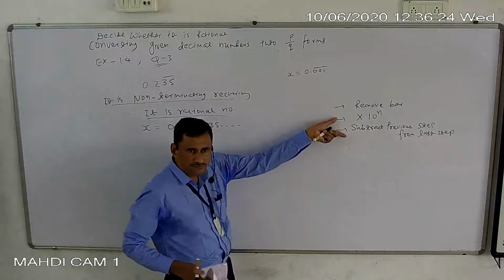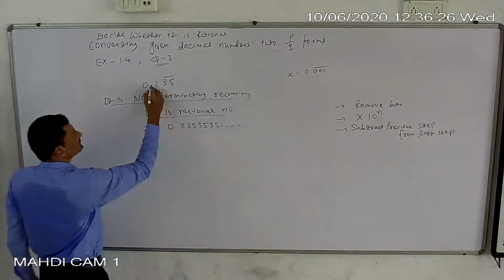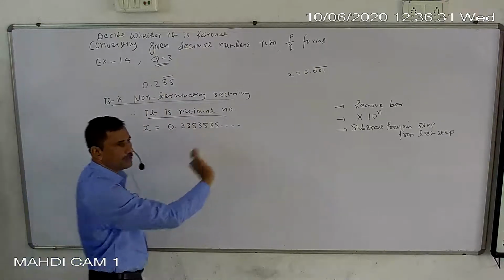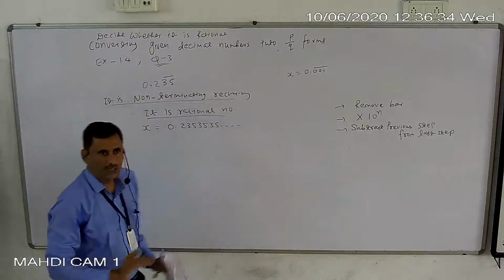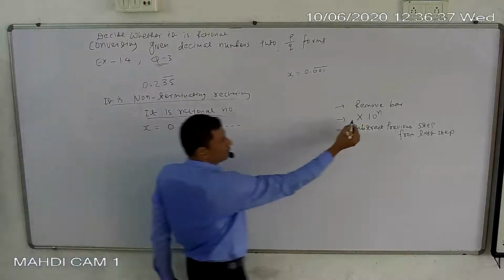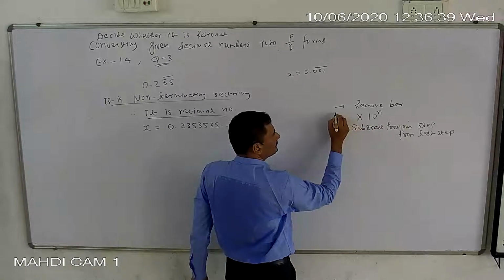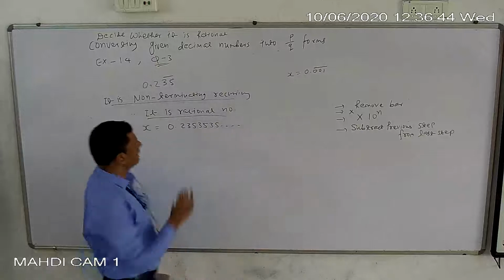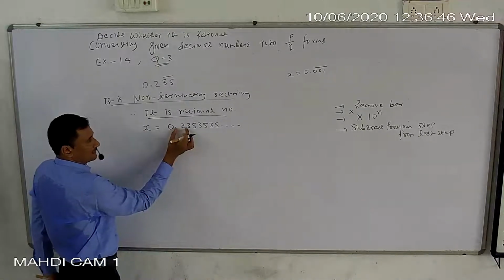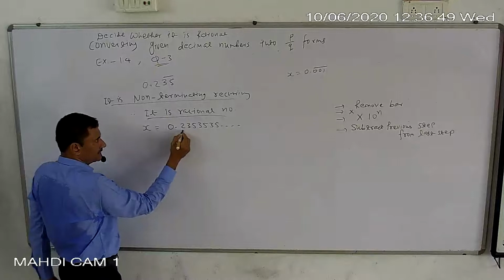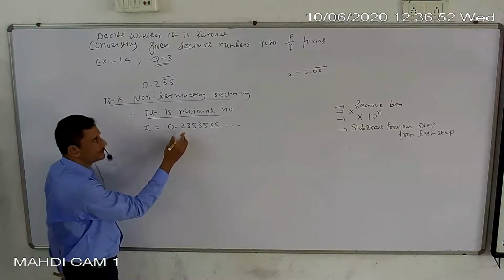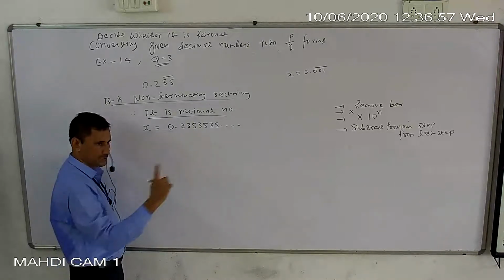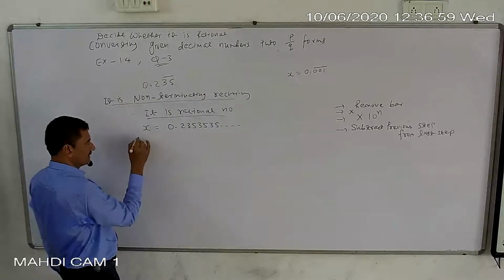Before going to this step, you have to shift this point so that after the point the repeating block starts. So before multiplying by 10 raised to n, we have to multiply by something. What? By that many digits that the point must be shifted. How many places must the point be shifted? Only one. So multiply by 10 both sides.